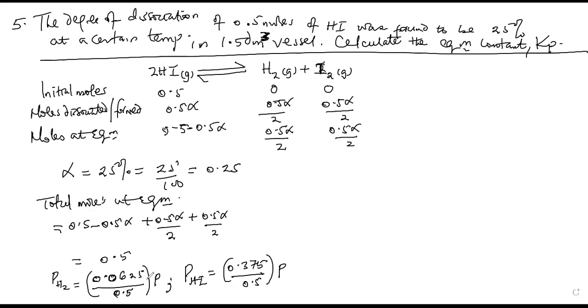For hydrogen, I got 0.5 times the value of alpha, which is 0.25, divided by 2, then times the total pressure.